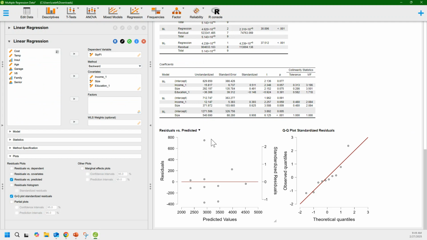But I would want to explore this point right here. Because some points are so influential that they can impact the actual values of your coefficients so much that it'll throw your analysis off, right?